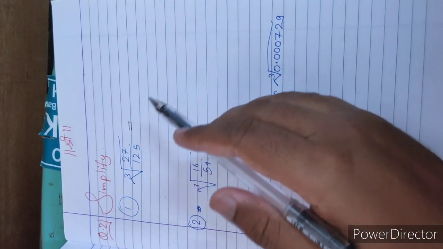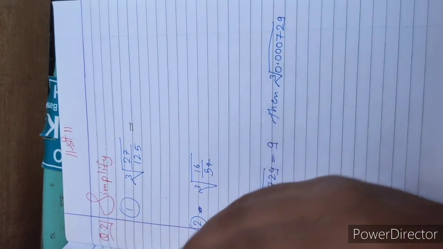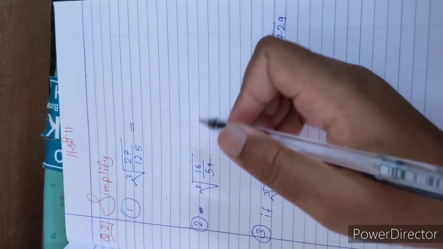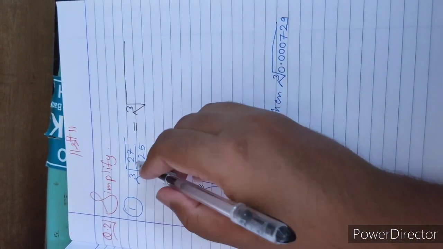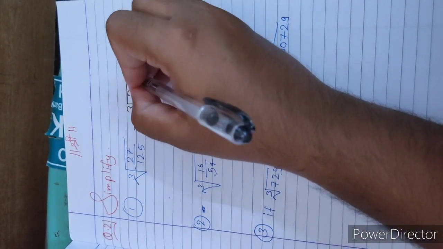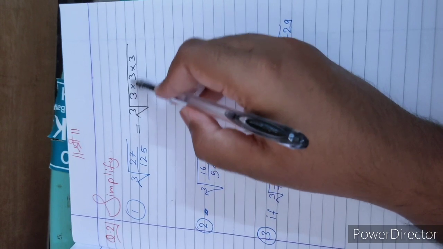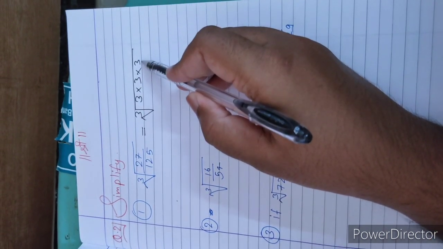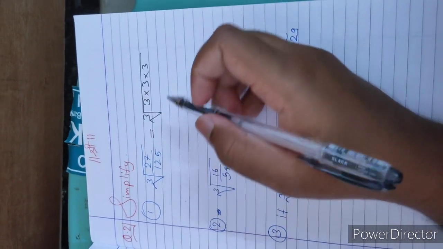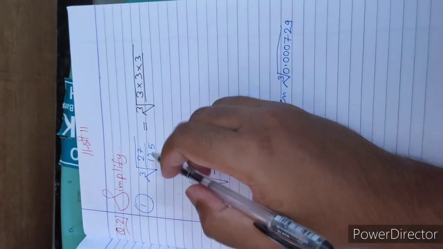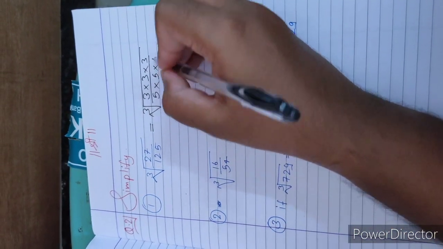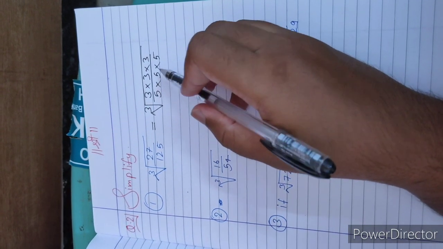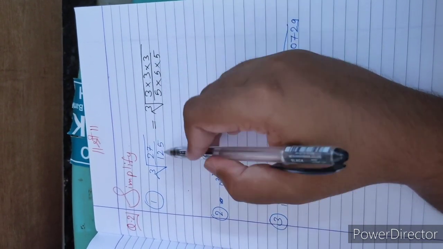Okay, first of all we will write the prime factor multiplication. 27 is written as 3 into 3 into 3. 3 3s are 9, 9 3s are 27. And 125 is written as 5 into 5 into 5. 5 5s are 25, 25 5s are 125.